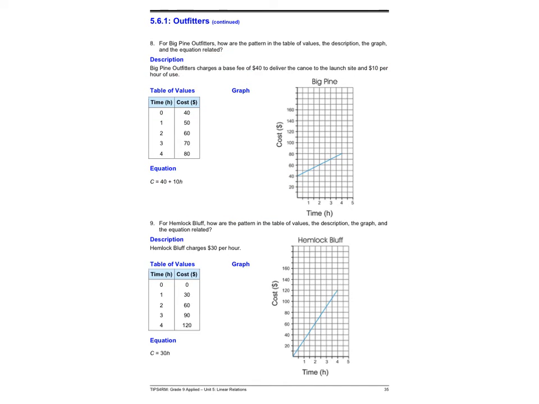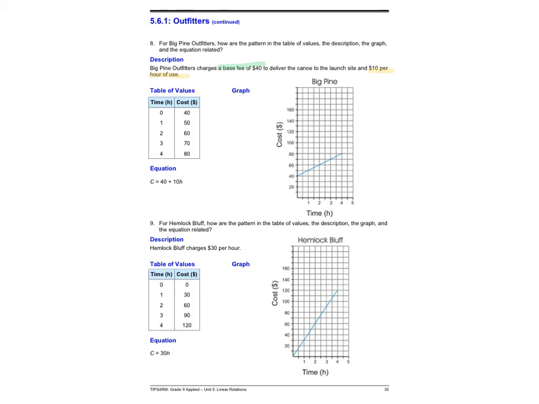So now that we've looked at our initial value, we're going to also look at another feature. So going back to the question, we dealt with our base fee of $40. But Big Pine Outfitters charges a base fee of $40 to deliver the canoe to the launch site and $10 per hour of use.